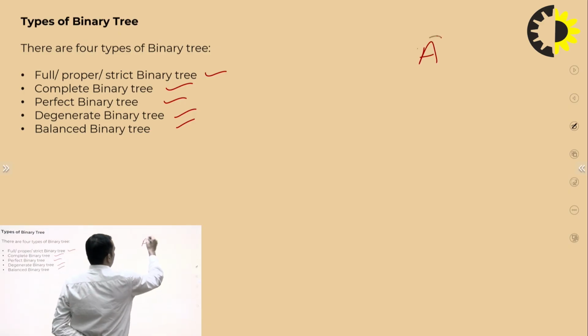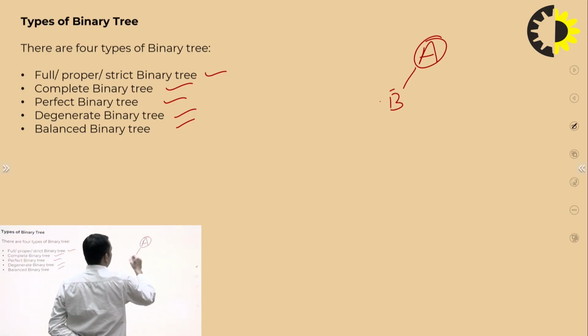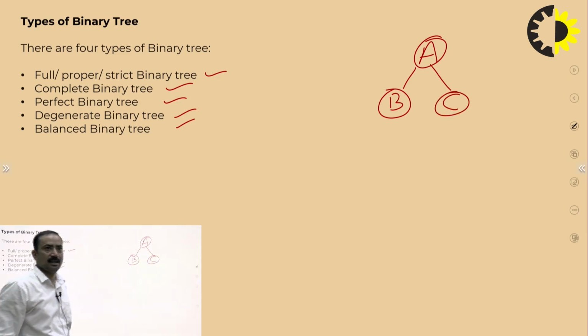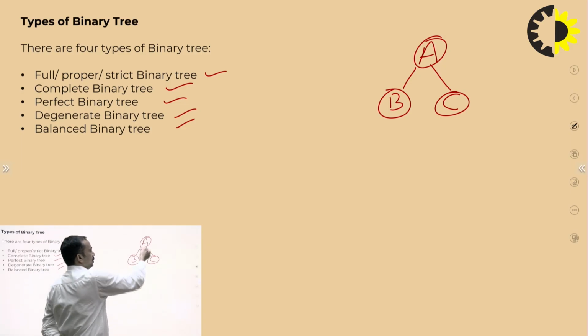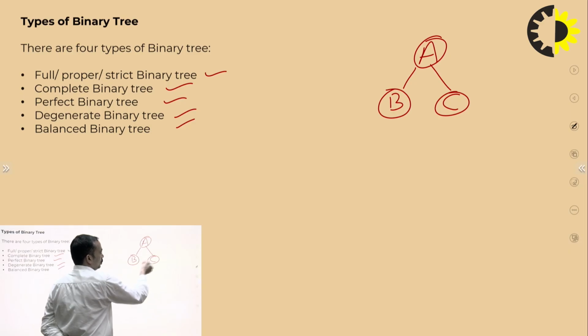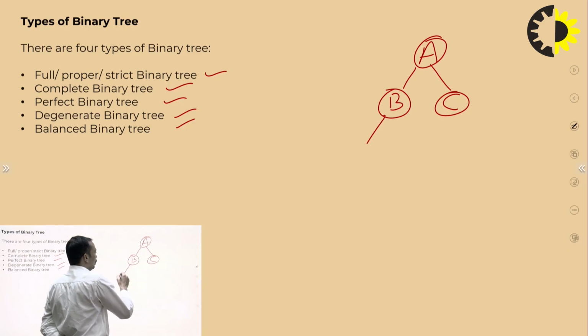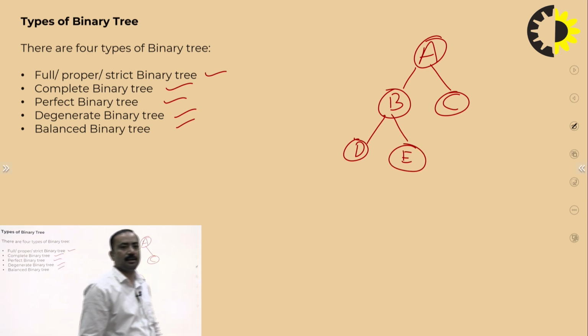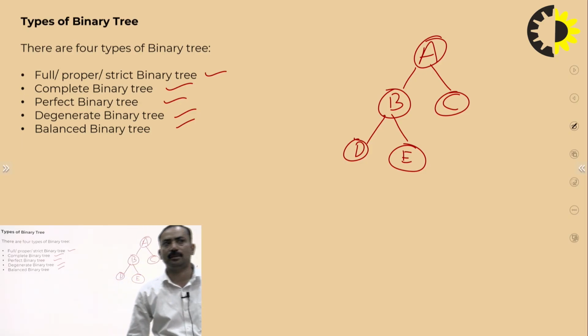So if we have this example A, B, C, we can say it's a full binary tree. Each node has 2 or 0 children. This has 2 children, and these 2 nodes have 0 children. Or we can take this example where B has 2 children, D and E. It's also a full binary tree.